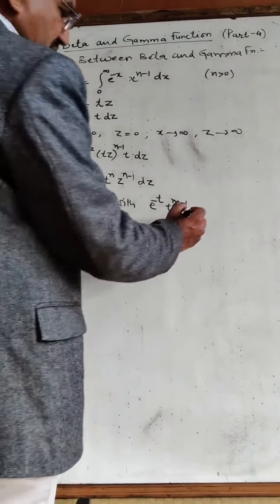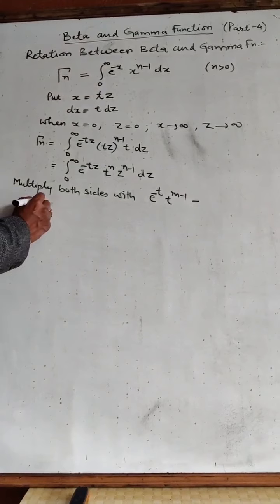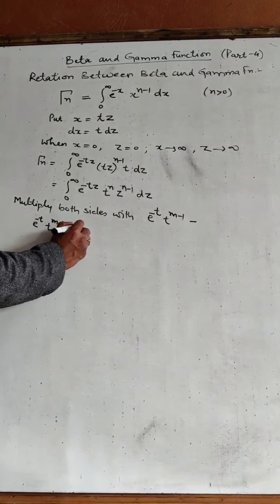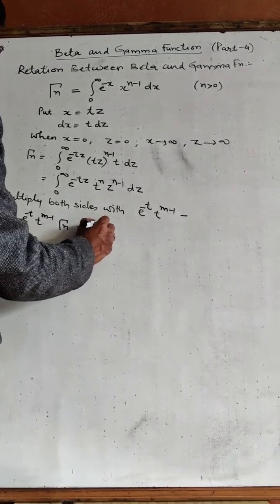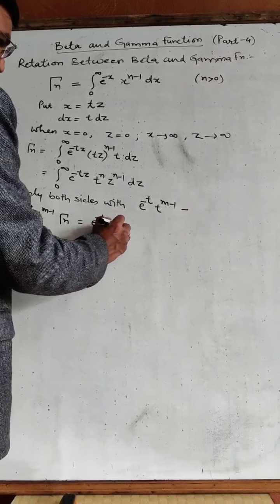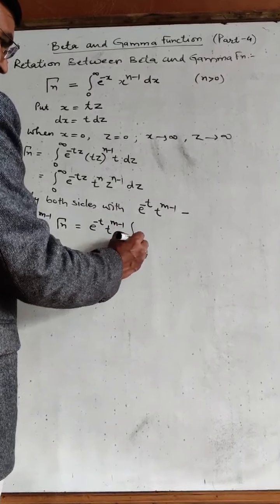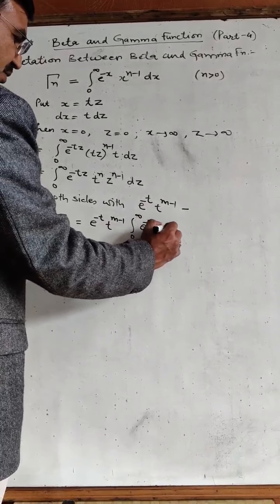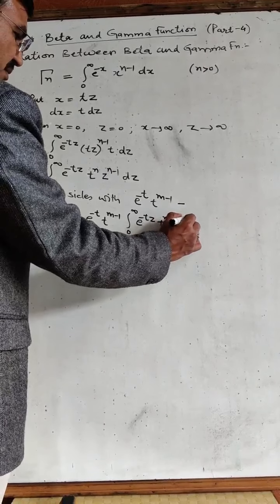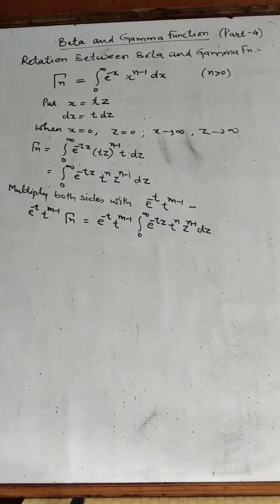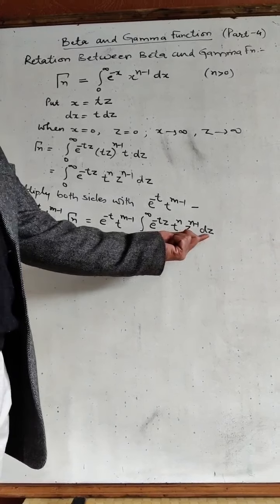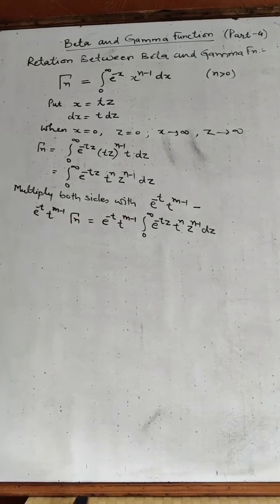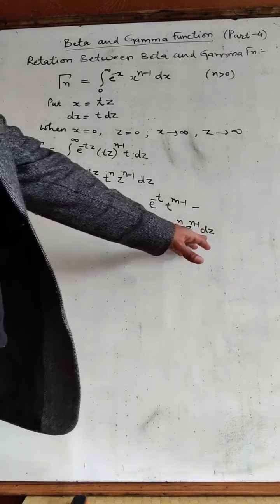So multiplying both sides with this function, it would become e raised to the power minus t, t raised to the power m minus 1 gamma of n, and it would be equal to e raised to the power minus t, t raised to the power m minus 1 times the integral from 0 to infinity of e raised to the power minus t z, t raised to the power n, z raised to the power n minus 1 dz. Now this integral is with respect to the variable z, so e raised to the power minus t, t raised to the power m minus 1 is a constant with respect to the variable z.